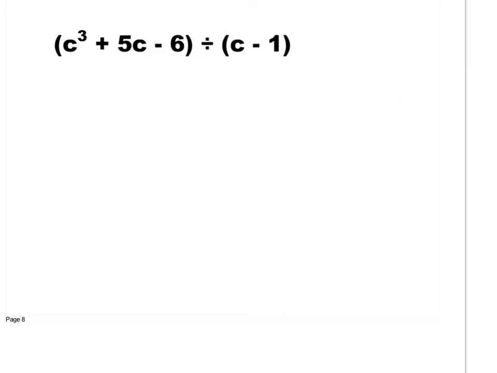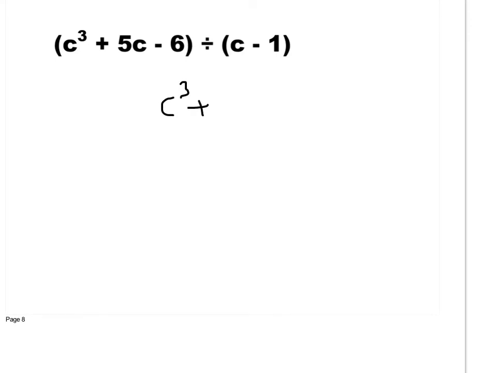We have c cubed plus 5c minus 6 divided by c minus 1. I put this in here because I want you to understand if there's a missing term. Is there a missing term in this? What would that missing term be? C squared, right? So when I rewrite this and put it under the division sign, I have to add that missing term in.